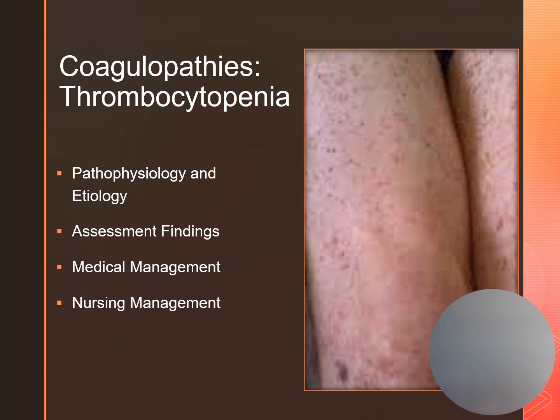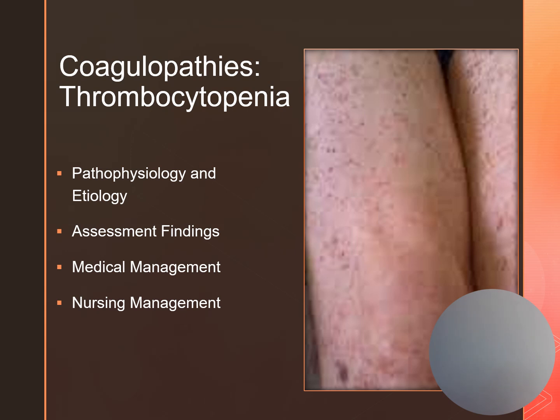Then we have some coagulopathy disorders. This is where a component to control bleeding is missing, or we have inadequate coagulation components. This would include thrombocytopenia and hemophilia. With thrombocytopenia, remember thrombocytes are another name for platelets. So we have a decreased manufacture of platelets by the bone marrow, or platelet destruction by the spleen is increased.